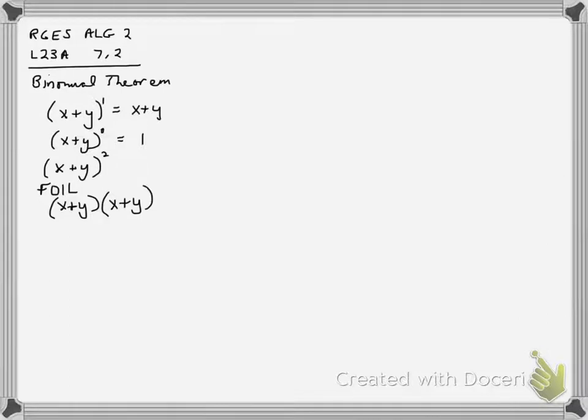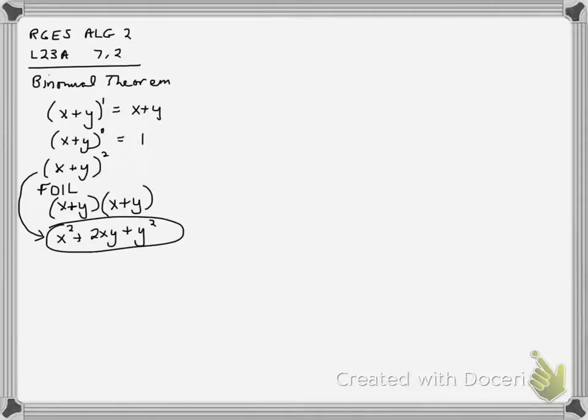That is the same as first terms, x times x. Outer terms, xy, inner terms, xy, combine them and you have 2xy. Last terms, y squared. So the binomial to the second power is that.